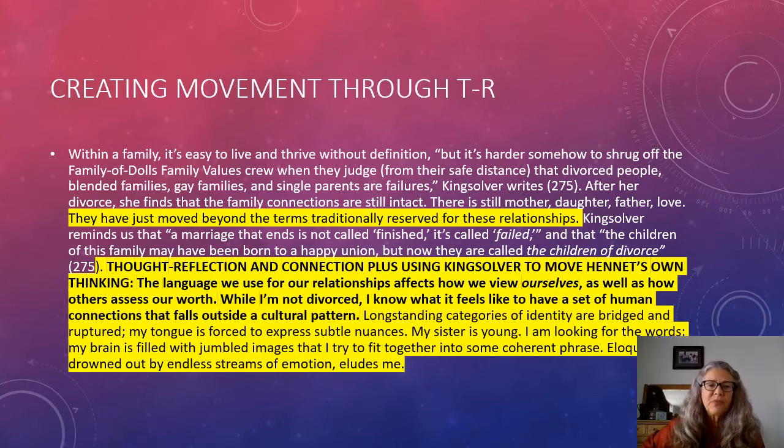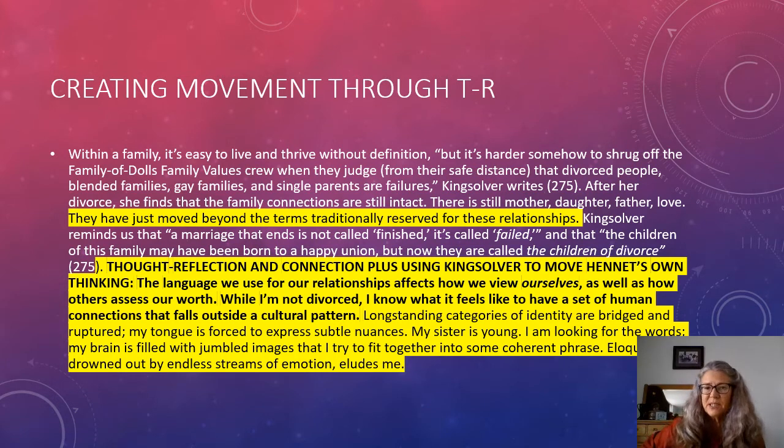After her divorce, she finds that the family connections are still intact. There is still mother, daughter, father love. Here is Hennet, here is thought, reflection. They have just moved beyond the terms traditionally reserved for these relationships. Look at the word terms. Hennet is still speaking about language. The word relationships indicates family.